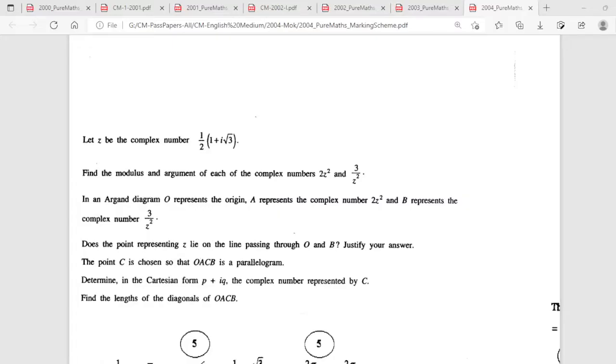What is the next part? In the Argand diagram, O represents the origin, you have to plot these numbers in the Argand diagram, right?